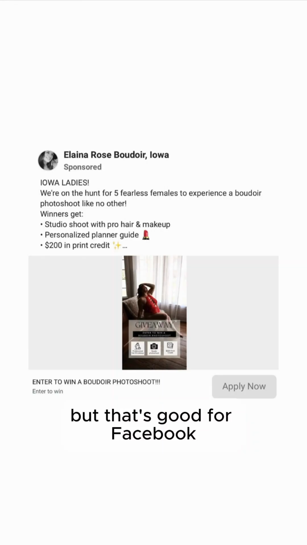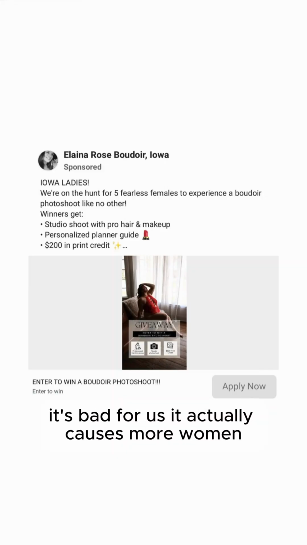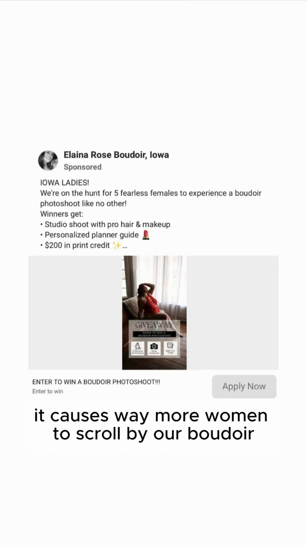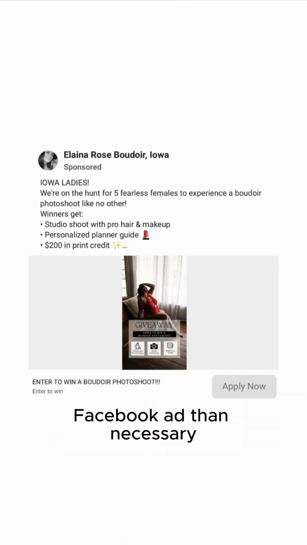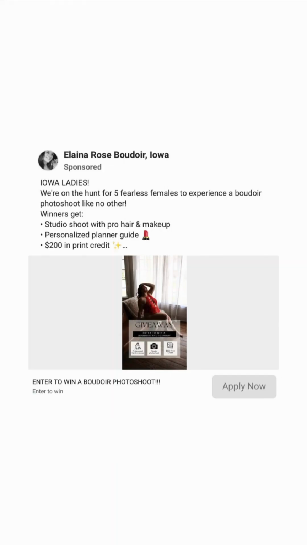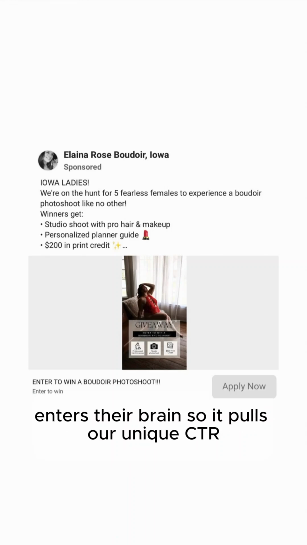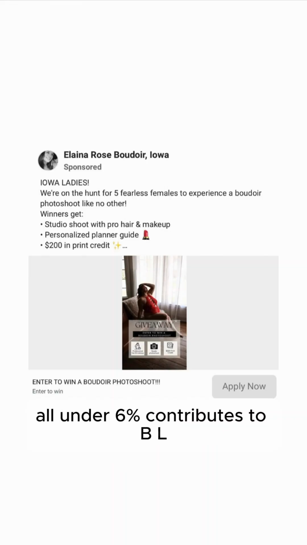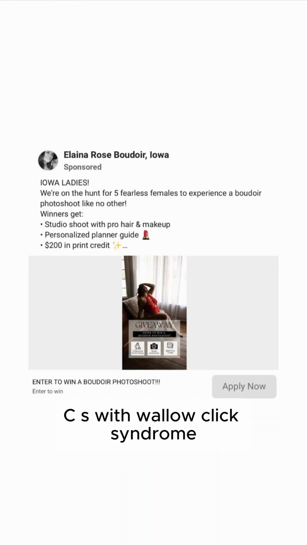But that's good for Facebook. It's bad for us. It causes way more women to scroll by our Boudoir Facebook ad than necessary. We literally waste serving up those impressions because the women are just going to scroll on by, our ad never enters their brain. So it pulls our unique CTR under 6%, contributes to BLCS, Boudoir low click syndrome.